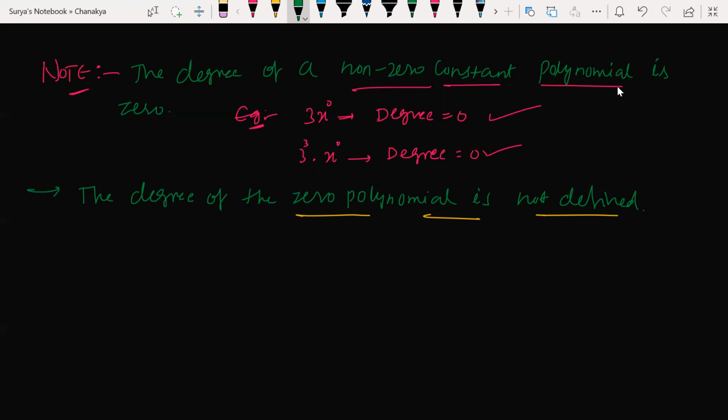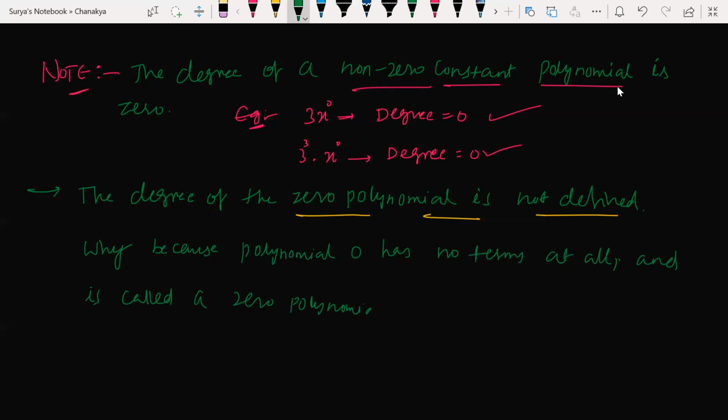Because polynomial 0 has no terms at all, and is called a zero polynomial, right? I'm giving a flashback to you. Look at this. That is why?